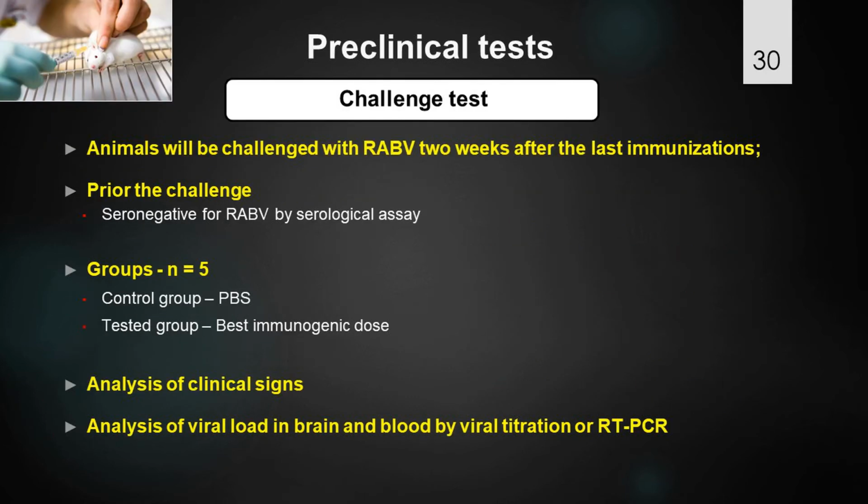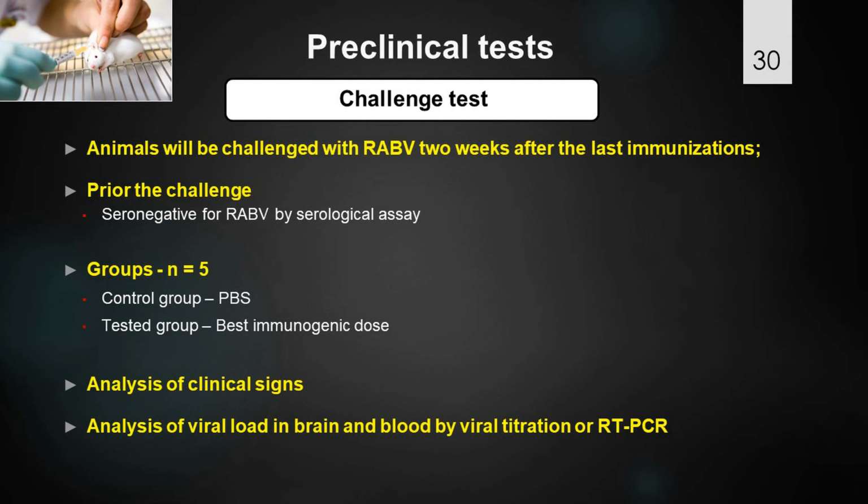For the challenge test, the animals will be challenged with RABV 2 weeks after the last immunization. All animals will be confirmed to be seronegative for rabies virus using a serologic assay. Groups of 5 mice will be intramuscularly vaccinated with 3 doses of VLP rabies vaccine containing low, medium, and high doses.